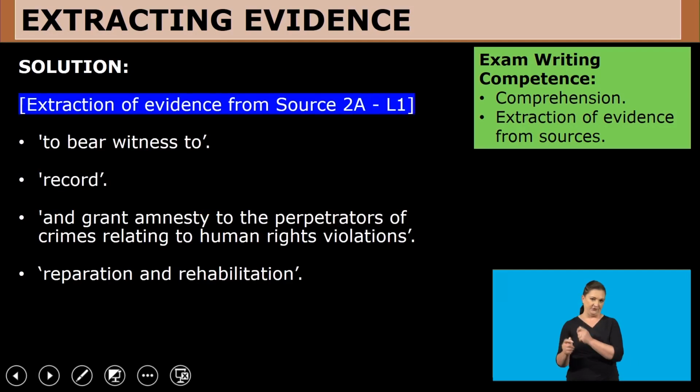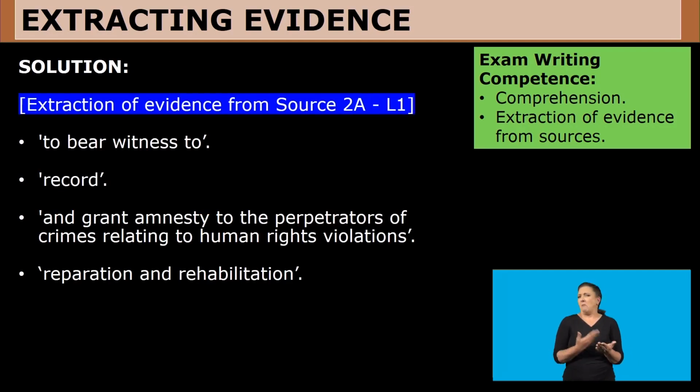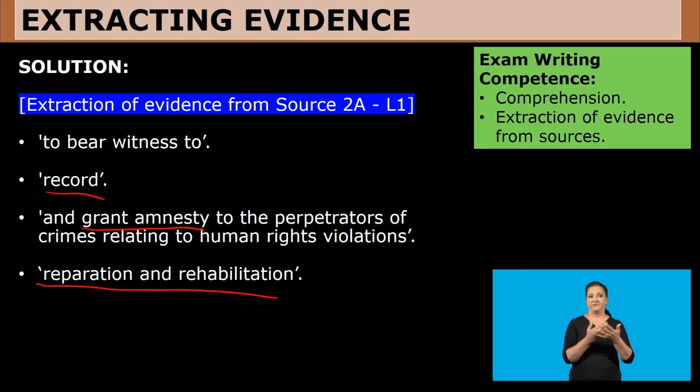Now, if you look at the possible responses there, to bear witness to, remember I did underline that when we were looking at the actual source. To record is there. Grant amnesty, also there. Remember I underlined that one as well. To the perpetrators of crimes relating to human rights violations, and then to also give reparation and rehabilitation.